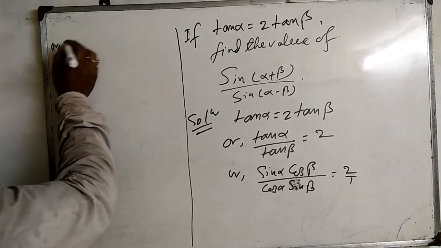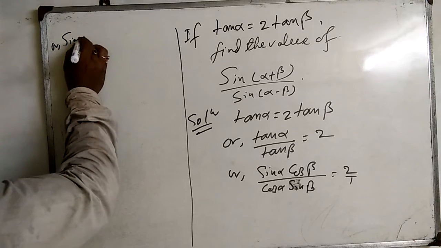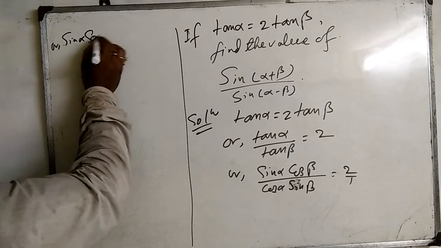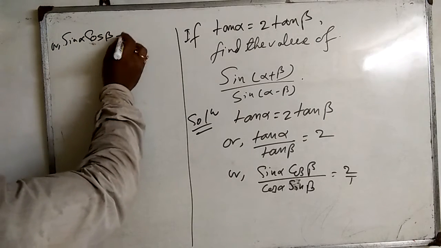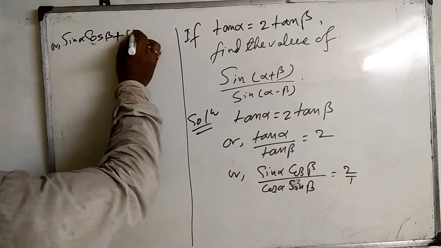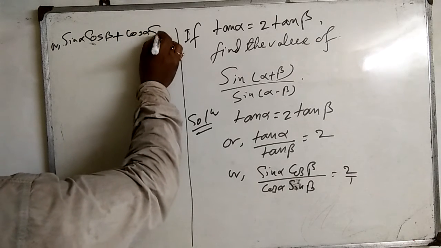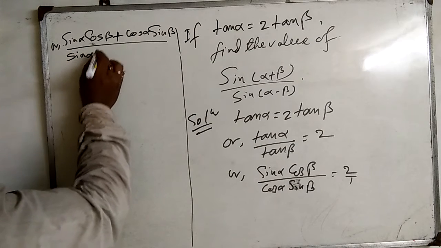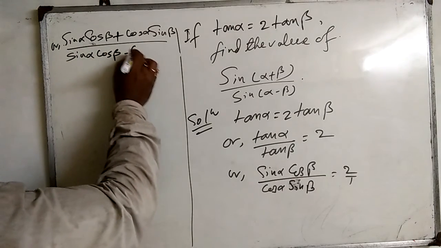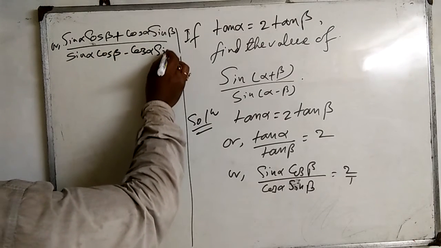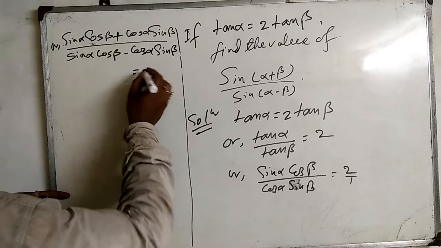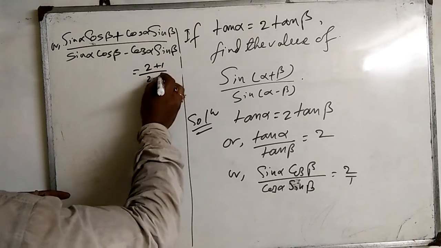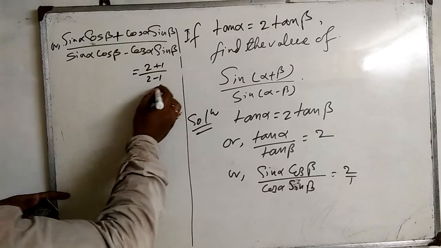We get sin alpha cos beta plus cos alpha sin beta divided by sin alpha cos beta minus cos alpha sin beta equals 2 plus 1 by 2 minus 1, componendo dividendo.